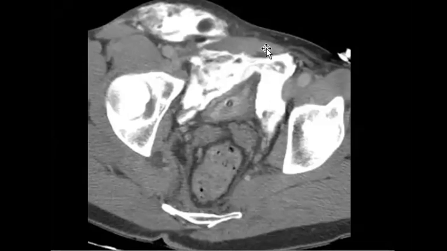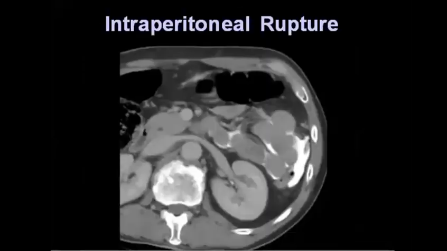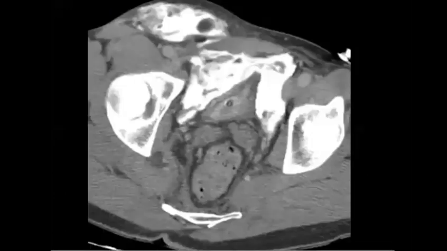Yeah. So if I show you this one, it will be intraperitoneal. How can you differentiate between both? If extended to the thigh, it is extraperitoneal. Perfect.